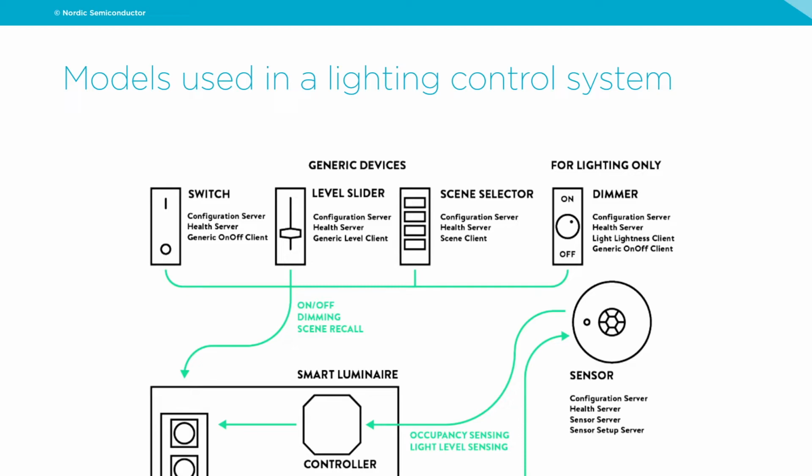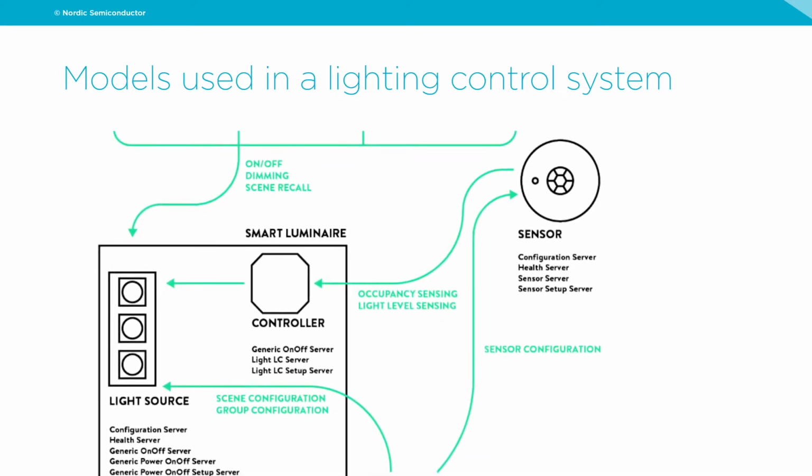All these devices can send, and you can use that to interact with a luminaire. On this image, there's also a sensor which does occupancy and light level. This allows you to switch on or increase the light intensity when there are actually people in a room.